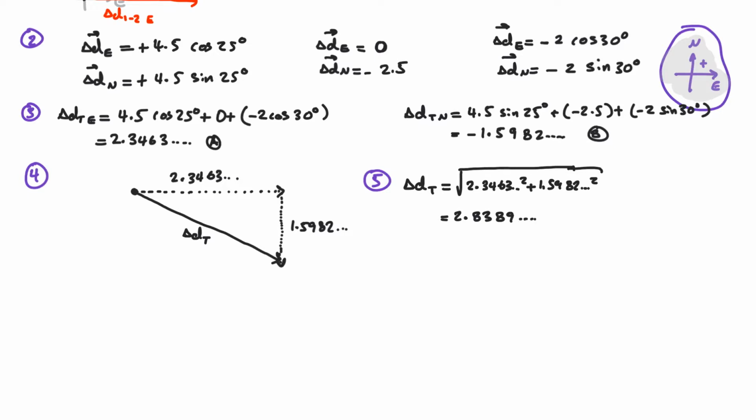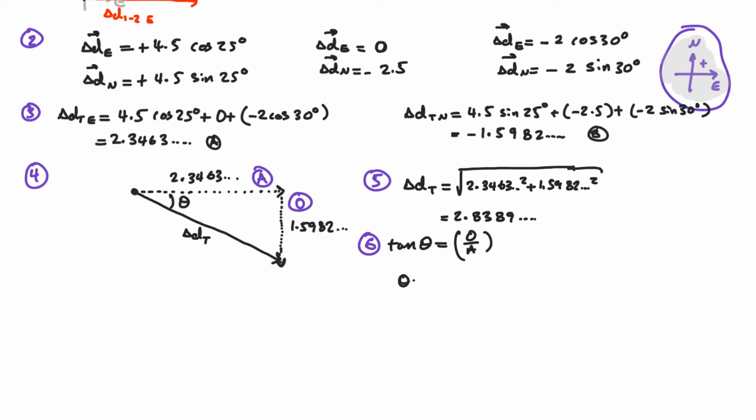Step 6 is to find my angle. And my angle is going to be this angle over here. And I'm going to use opposite over adjacent. And that's going to be the tan ratio. So tan theta is equal to opposite over adjacent. I'll just write it like this.